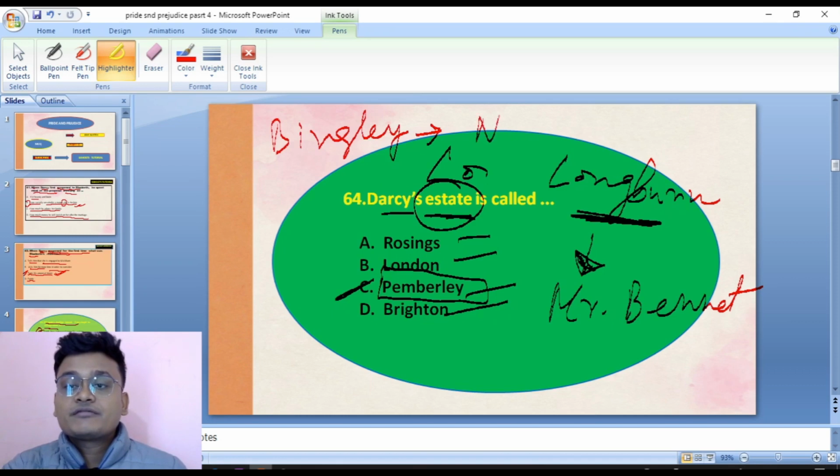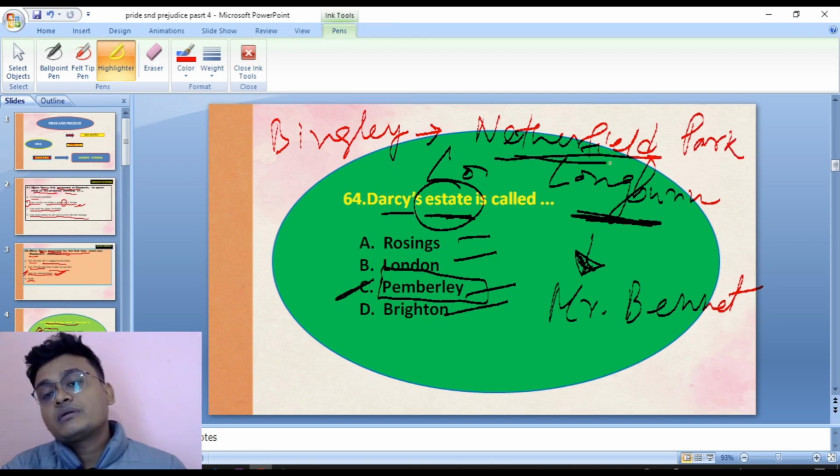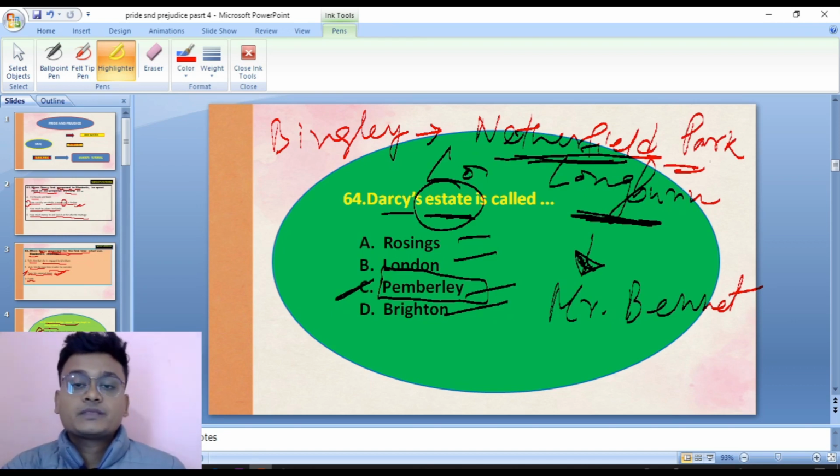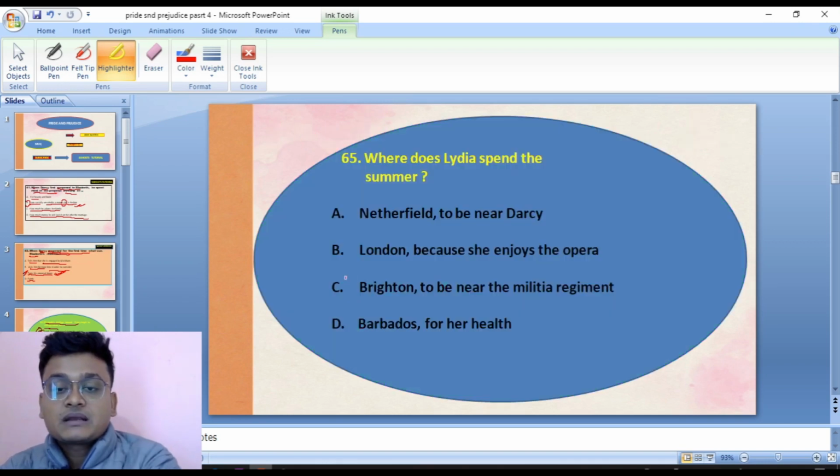That is Bingley's Netherfield Park. Now move to the next question. So Darcy's estate is Pemberley.